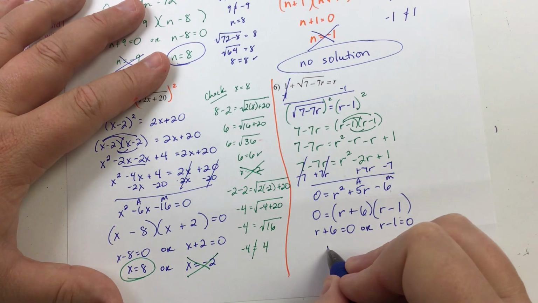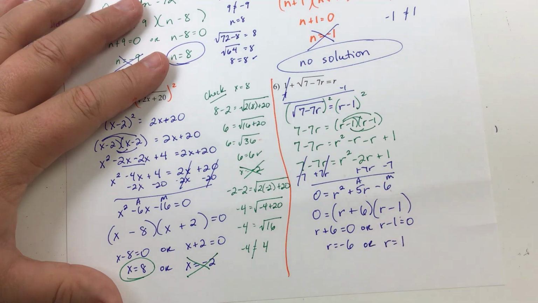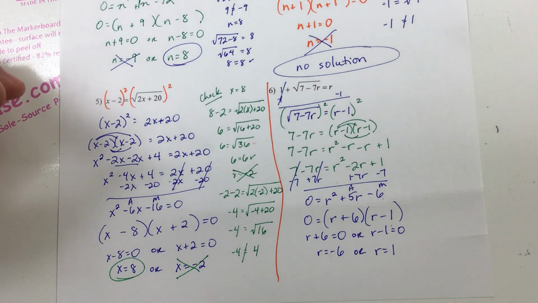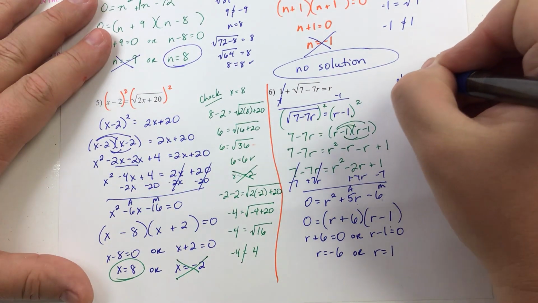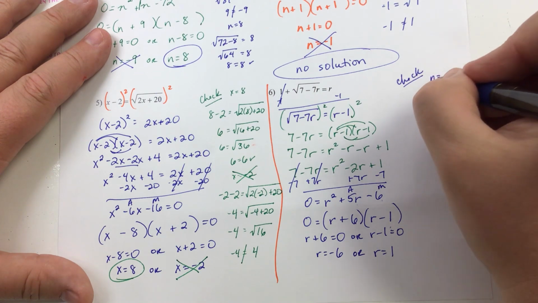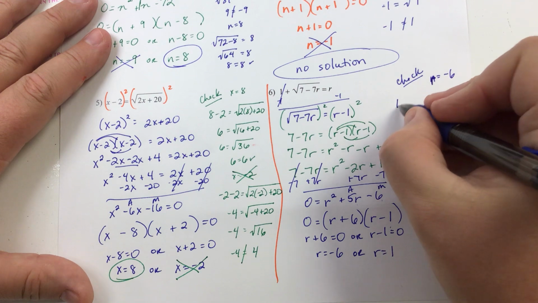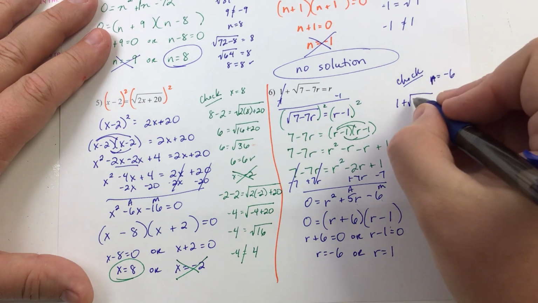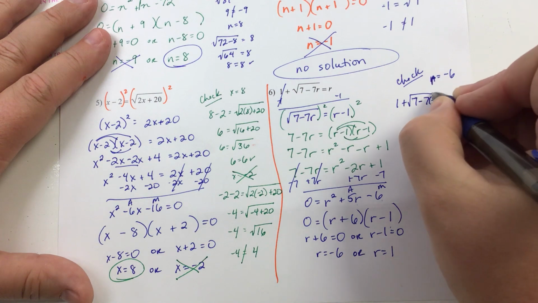So again, when I'm solving it, I'm going to set each factor equal to 0. So in the first case, I'm going to get r equals negative 6. In the second case, I'm going to get r equals positive 1. And again, we're going to check both possibilities to see which one works. If we check r equals negative 6 first, we're going to have 1 plus the square root of 7 minus 7 times negative 6.